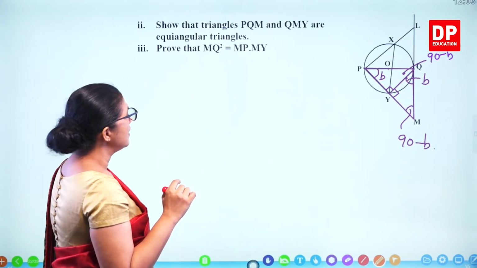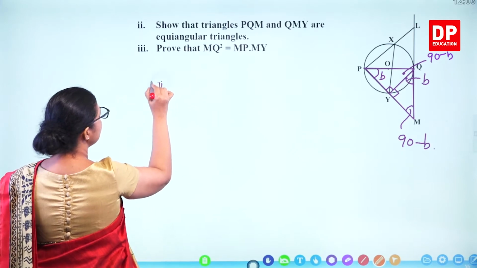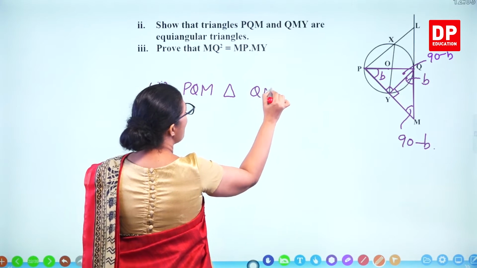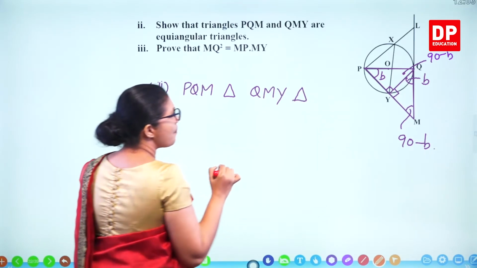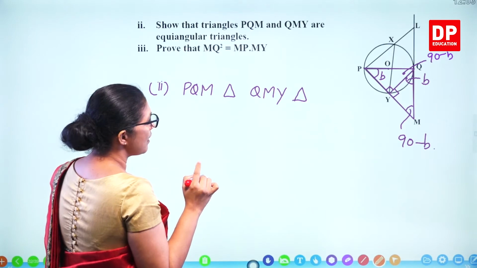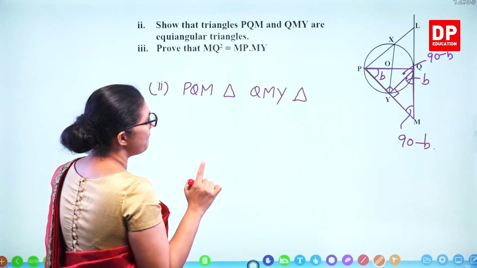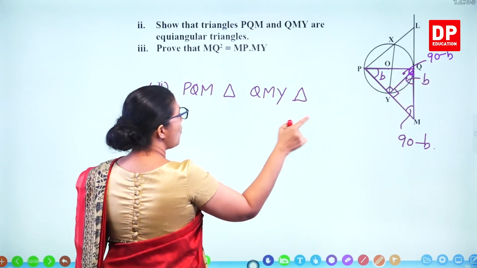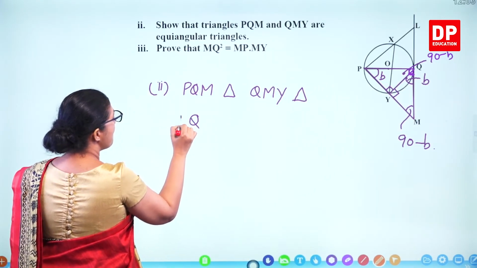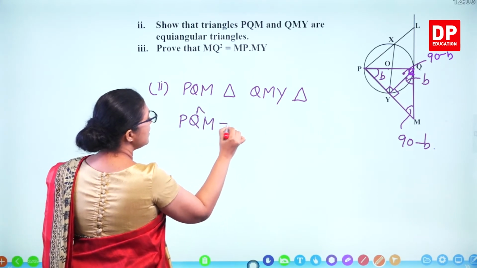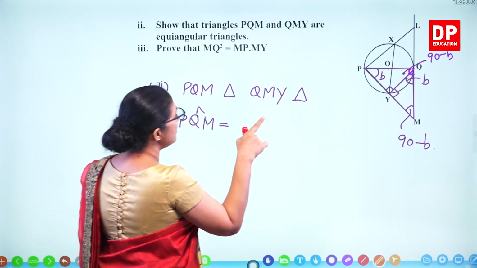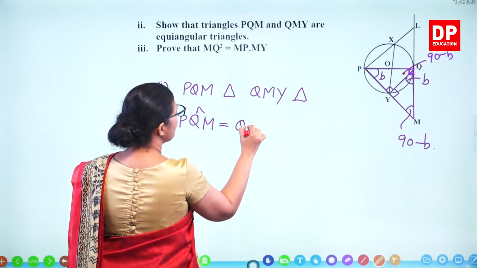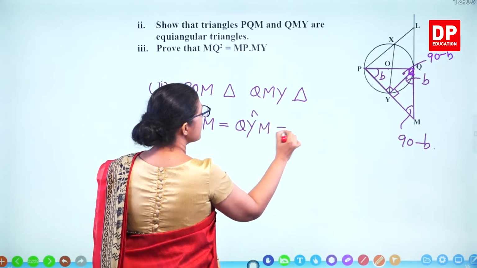So we'll take the two triangles, PQM triangle and QMY triangle. In PQM triangle, this is 90, the PQM angle, and in the other triangle, MYQ triangle, QYM, that's 90.